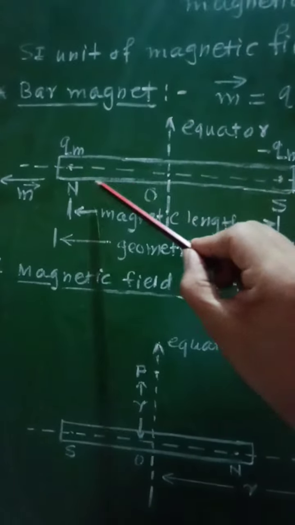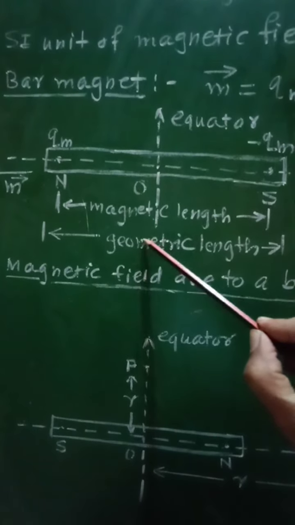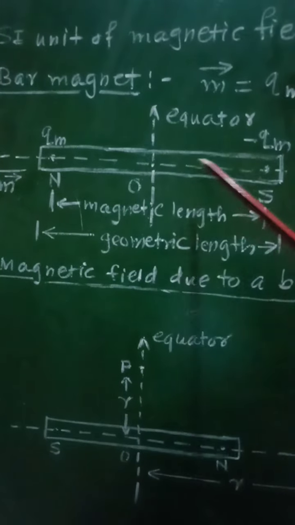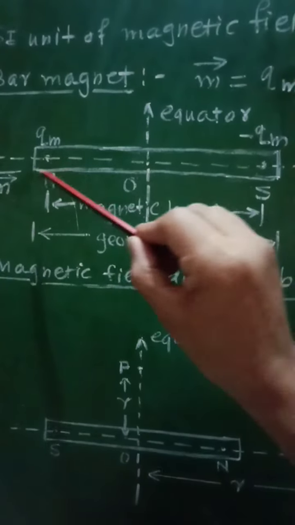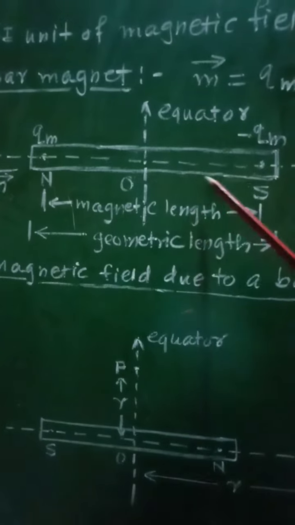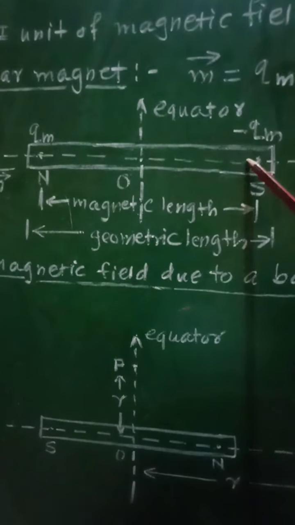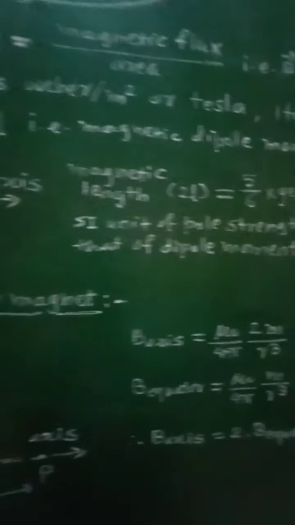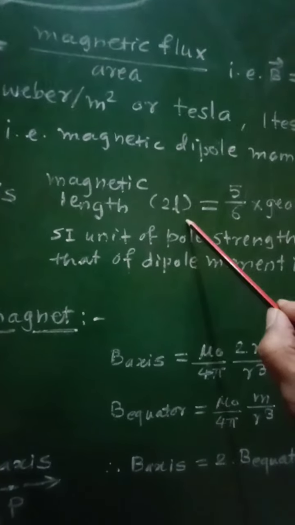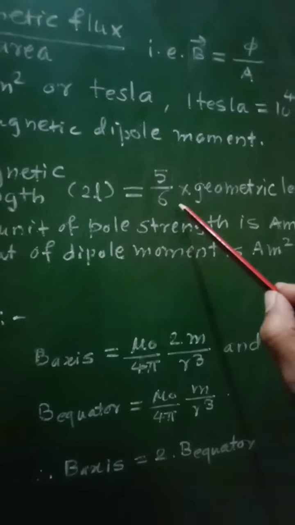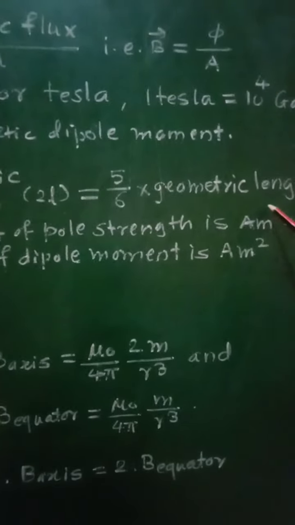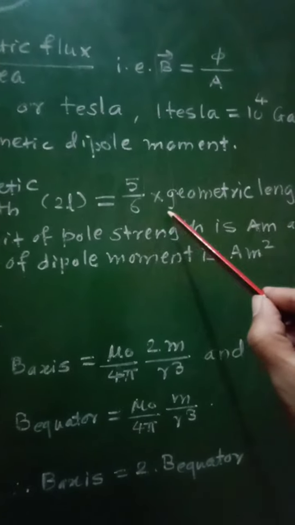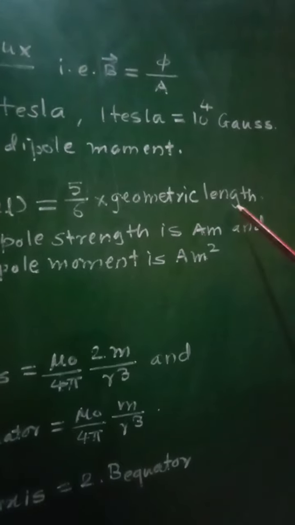So from this figure it is clear that the geometric length is greater than the magnetic length, because magnetic length is the distance between two poles and geometric length is the distance between two ends of the magnet, and these poles are always situated inside the ends, and therefore the magnetic length 2L will be given as 5/6 times its geometric length. Magnetic length 2L is equal to 5/6 times the geometric length.